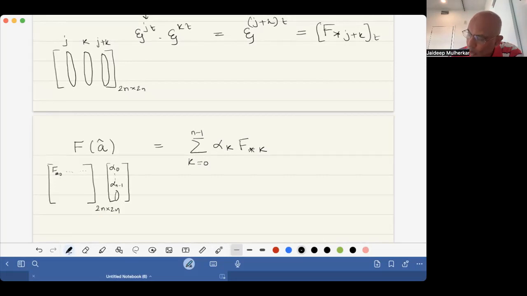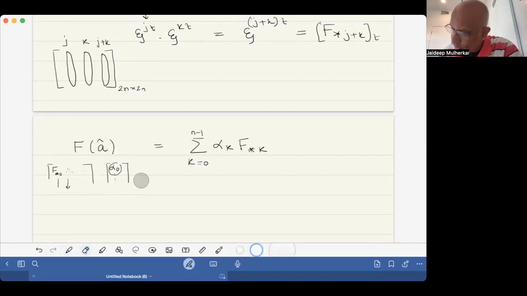Okay, so when I want to multiply a matrix with a vector, then from basic linear algebra, I know that this is equal to the first component of the vector multiplied by the first column plus the second component multiplied by the second column and so on. But here it's a 2n cross 2n matrix, but only n terms are there on the right hand side. That's because the remaining n terms in the column vector are equal to 0. Okay, so let me just erase this.